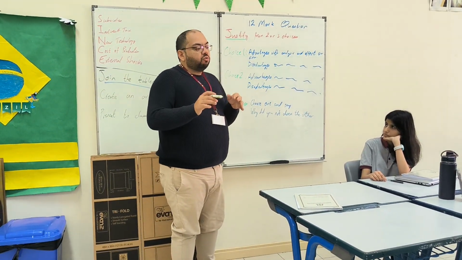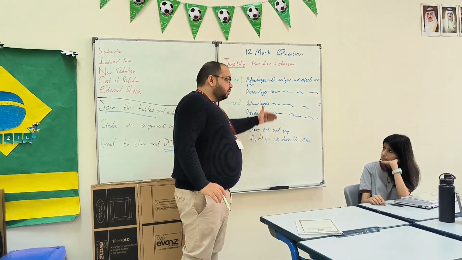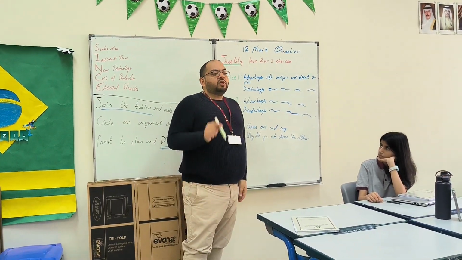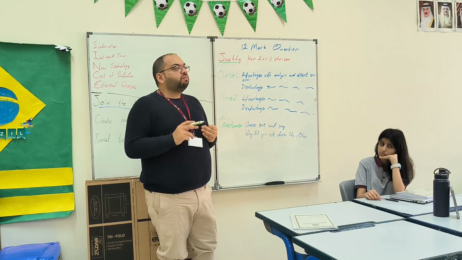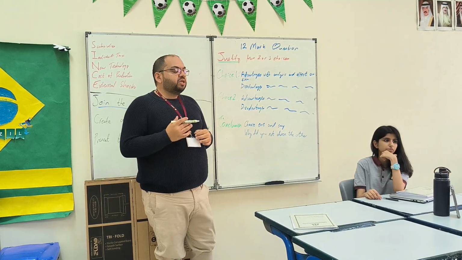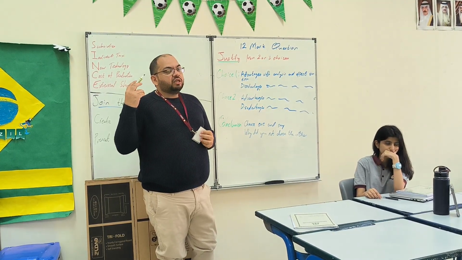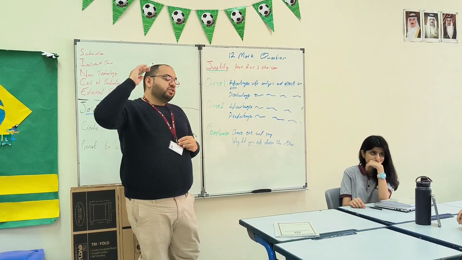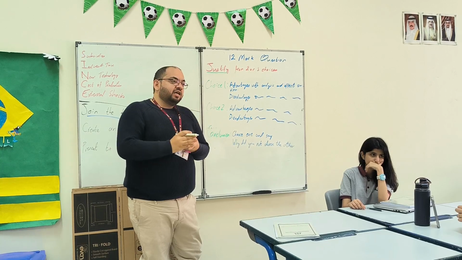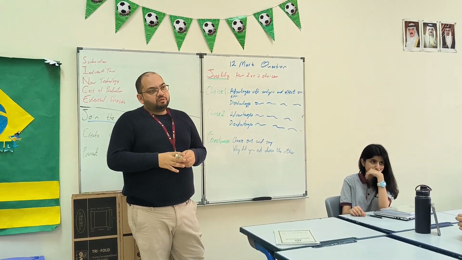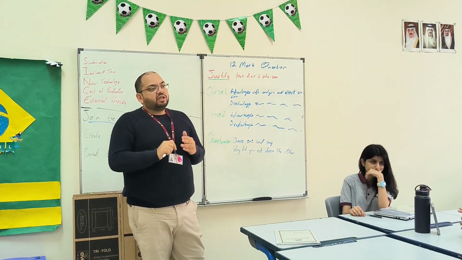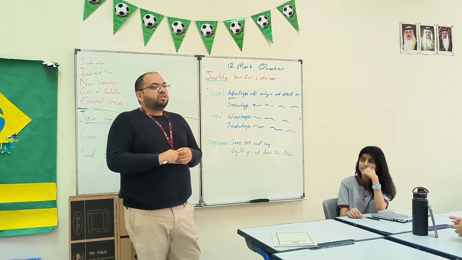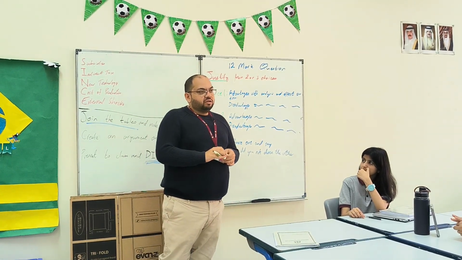If you follow this structure, the minimum amount of marks you can get will be 9. Why? Because in the mark scheme, the upper band marks are usually given if you've analyzed and evaluated correctly. If you've analyzed and evaluated correctly, the minimum marks you can get is 9.